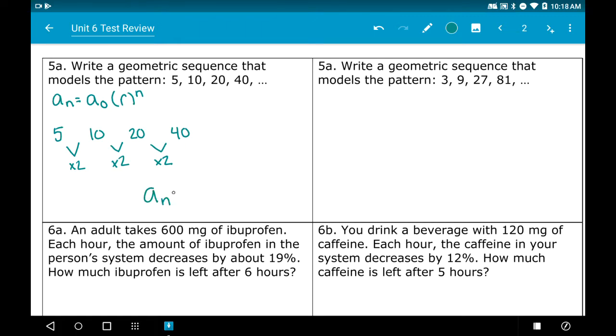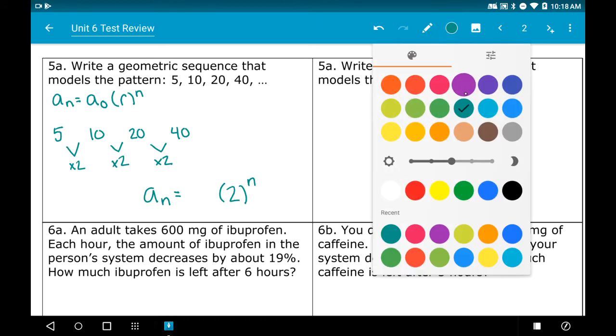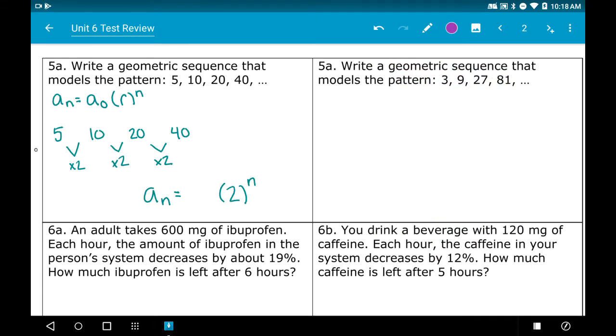which means our equation is going to be a sub n equals, we're going to leave our 0 term empty for now, but inside our parentheses, since this is times 2, this is going to be a 2. And it's always going to be to the power of n. Now to find our 0 term, we're going to have to go backwards 1. So the opposite of multiplying by 2 would be dividing by 2.